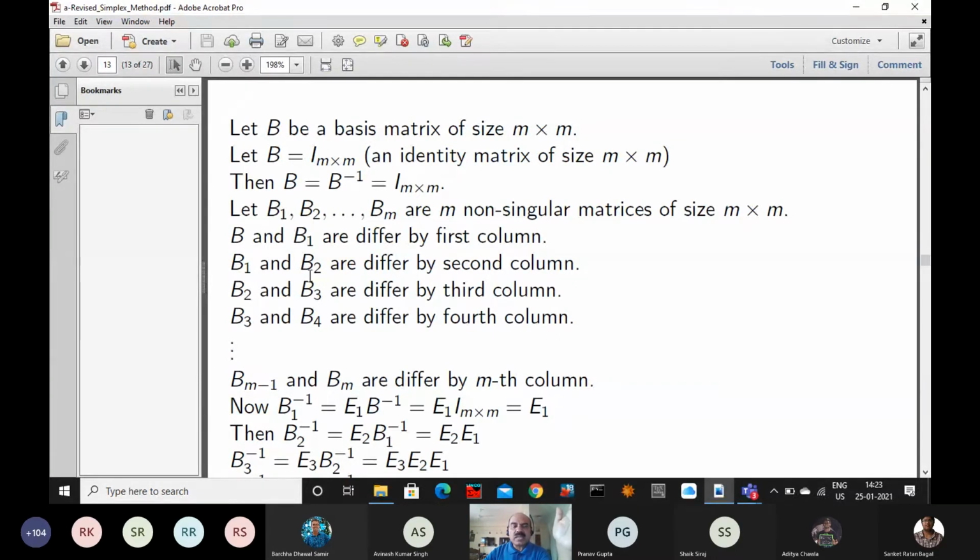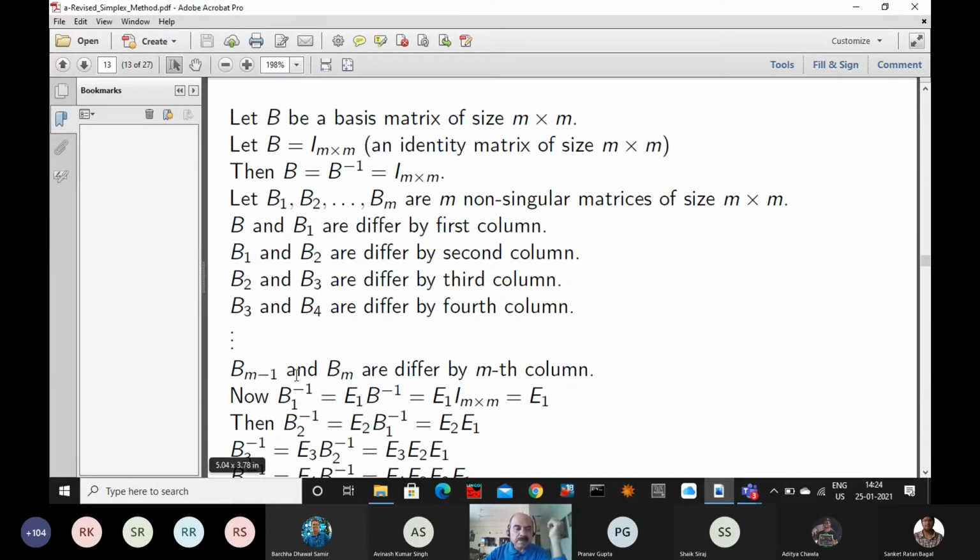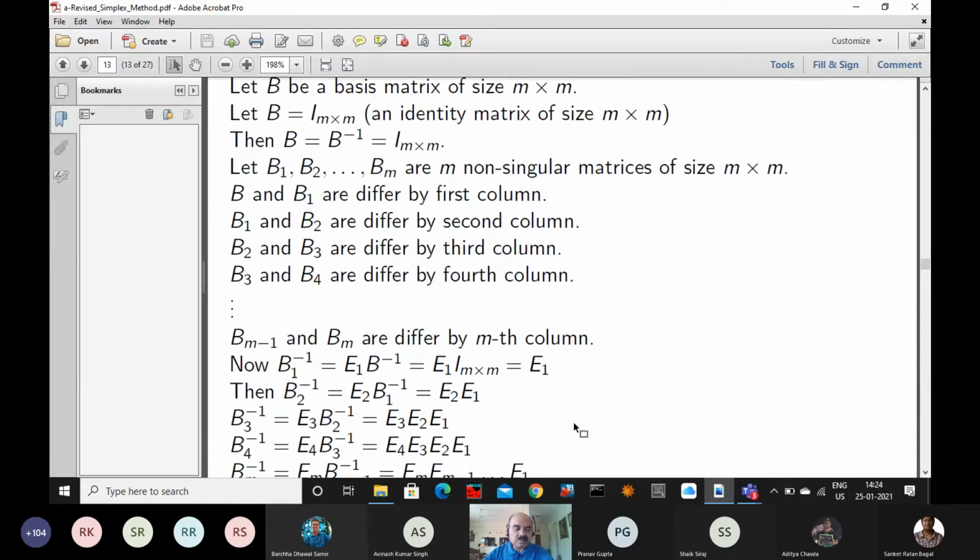In this case they differ by the first column, then B and B2 differ by the second column, and B2 and B3 differ by the third column, and so on. Finally Bm-1 and Bm differ by the last column. So according to the rule, we have computed like this.